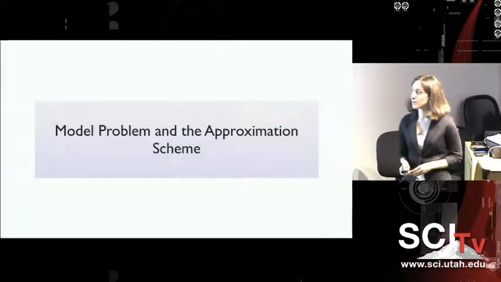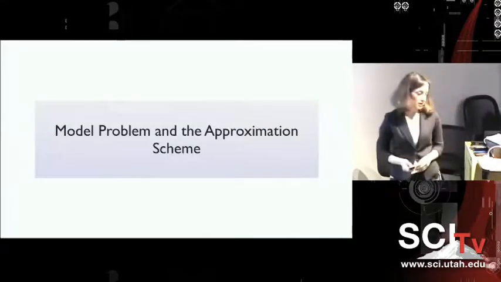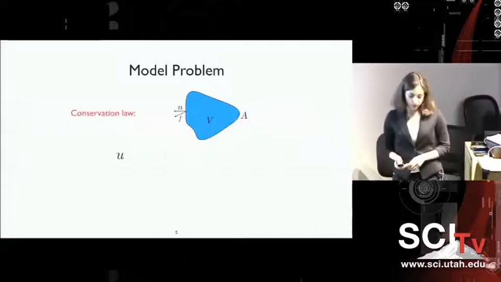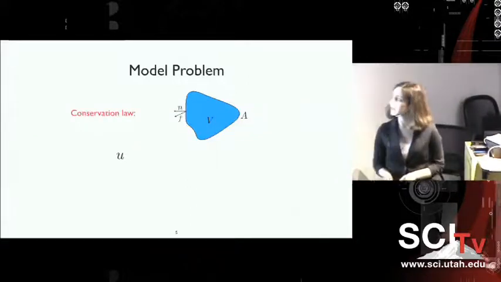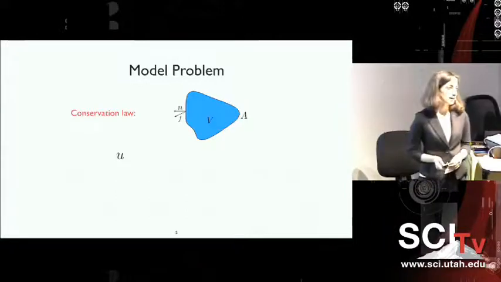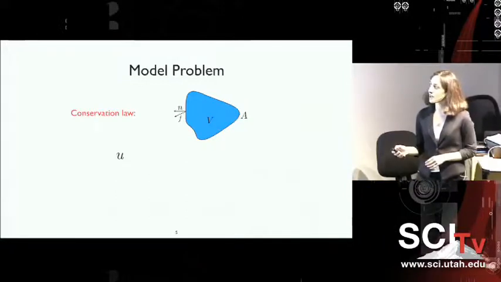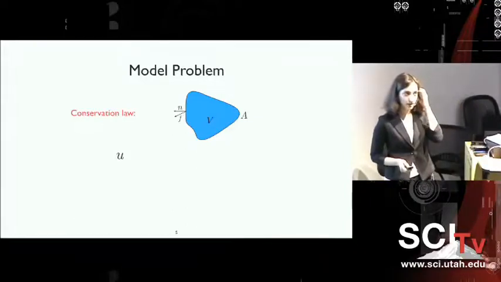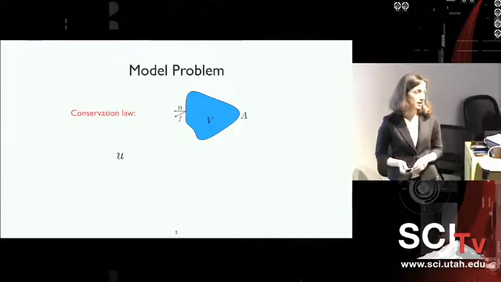I will first talk about our model problem and the approximation scheme we use. So basically, to simulate any physical process, the starting point is a mathematical model. Here, we focus on conservation laws that are the principal mathematical model behind many physical processes.